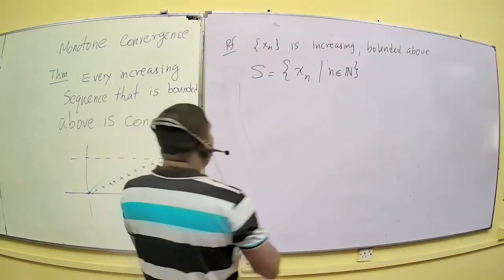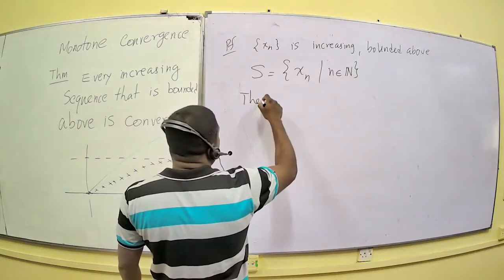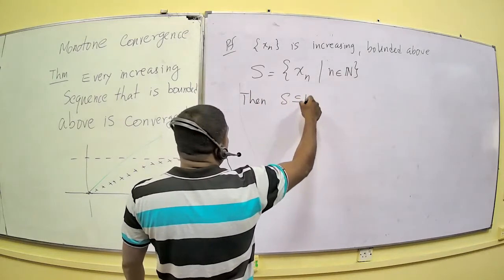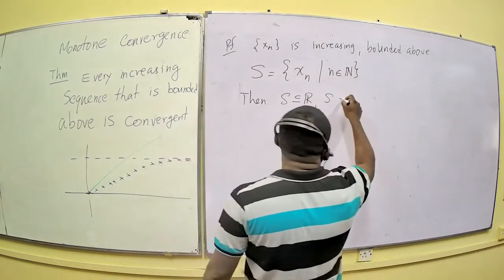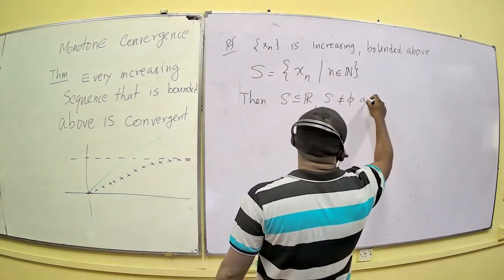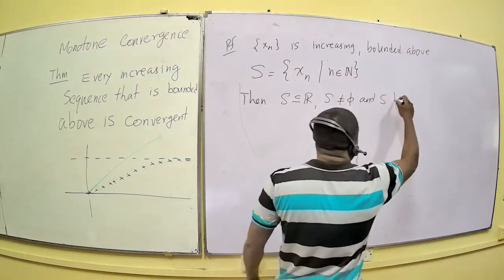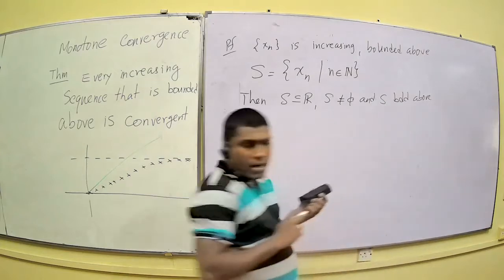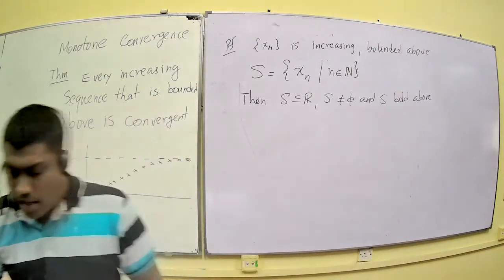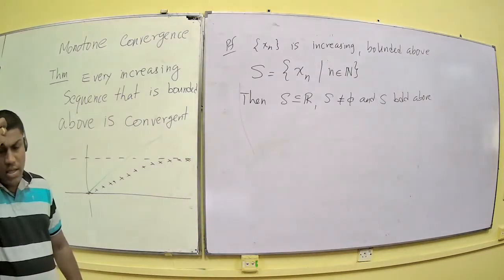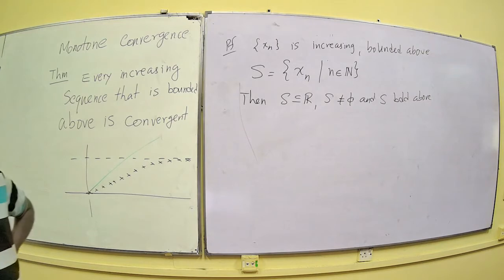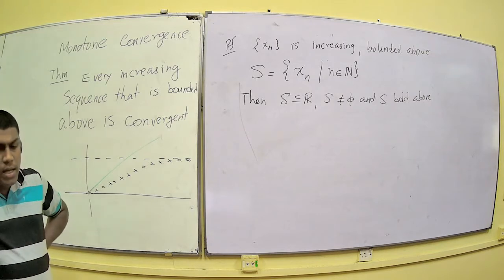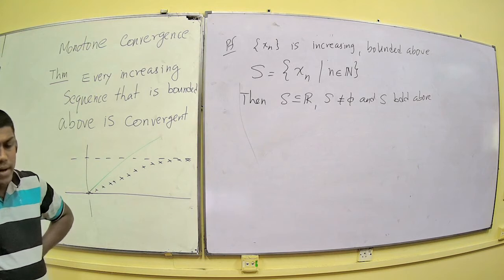So S is non-empty clearly because it contains the values of the sequence, so obviously it is non-empty, and it is a subset of real numbers. That is understandable, right?